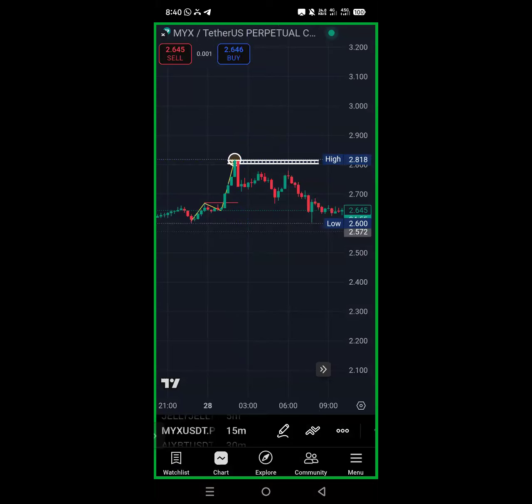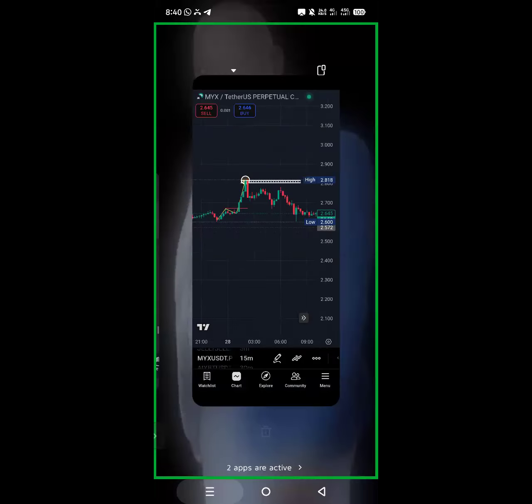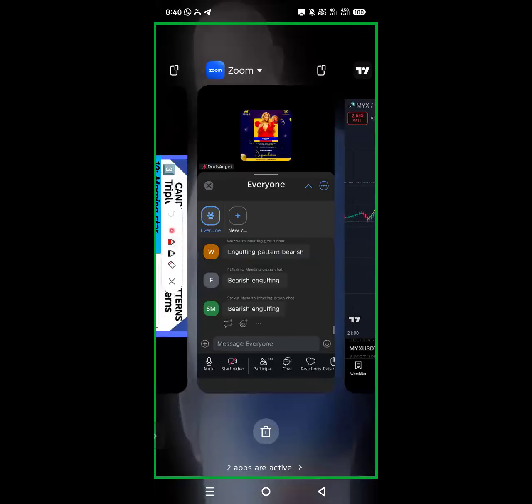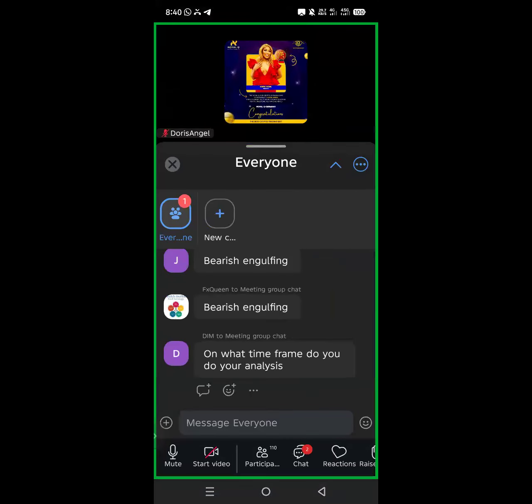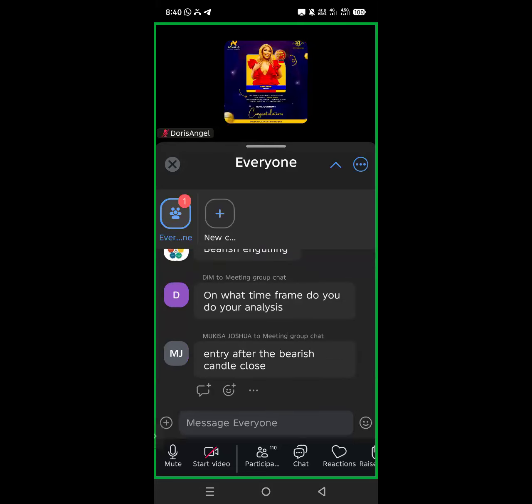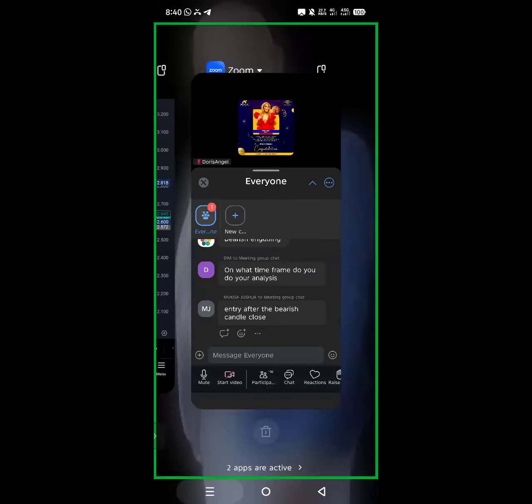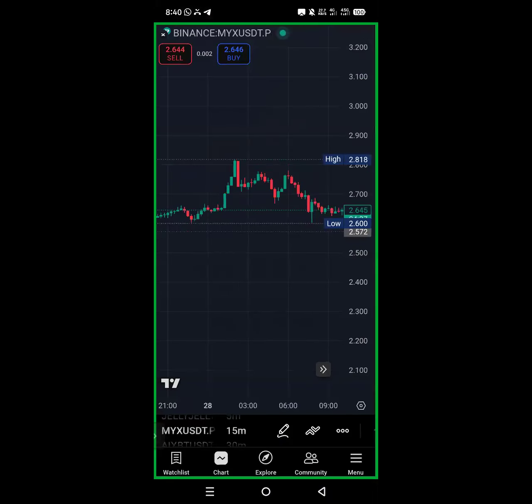That means, what will we do about entry? How do we make entry when you see a bearish engulfing candlestick? Exactly. After the bearish candlestick closes is where we make entry.